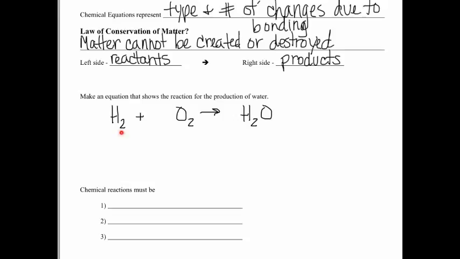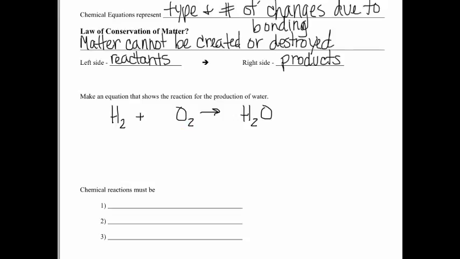On this side of my reaction, I have 2 atoms of hydrogen, and on this side, I have 2 atoms of hydrogen. On the reactant side, I also have 2 atoms of oxygen, but on the product side, I only have 1. What has happened is that we have actually destroyed an atom of oxygen, and you can't do that.